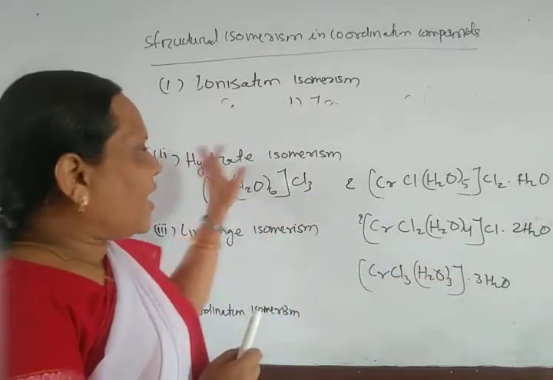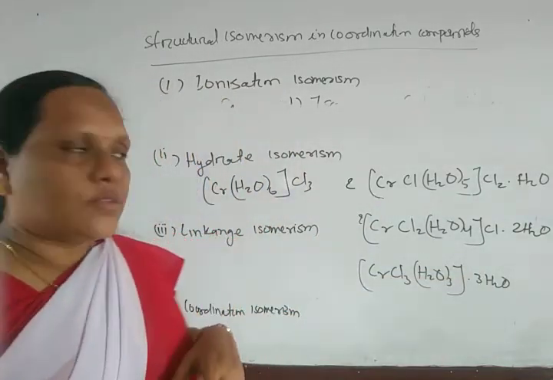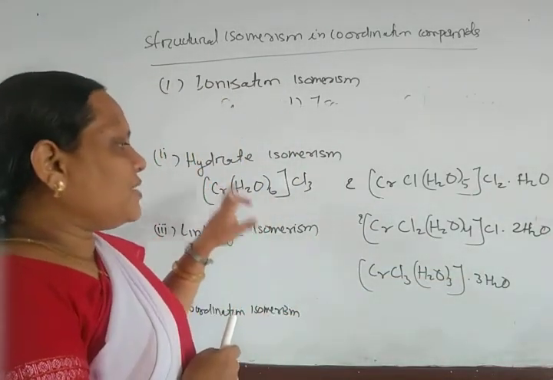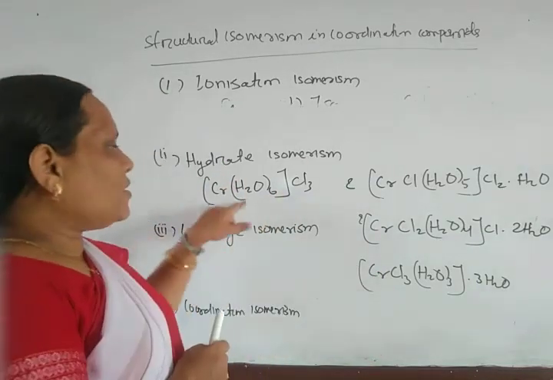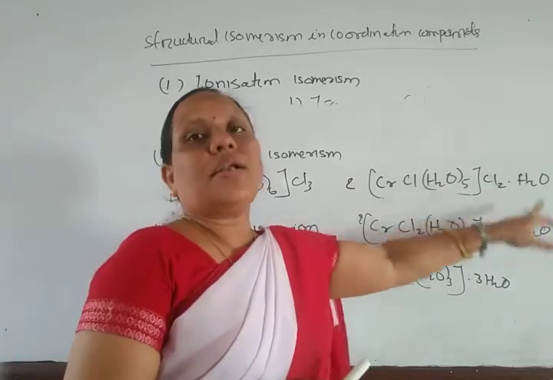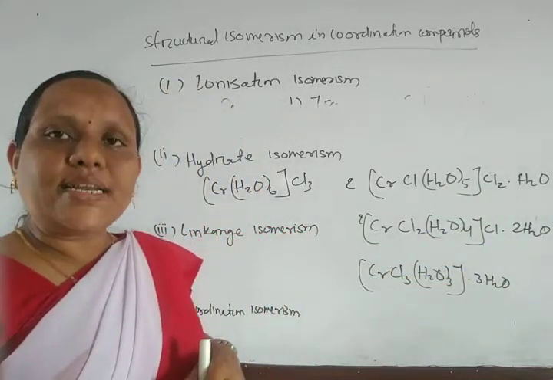So these are hydrate isomers of each other. Here the water molecules present inside and outside the coordination sphere are different. Here water is present as a ligand, and here water is present in hydrate form.